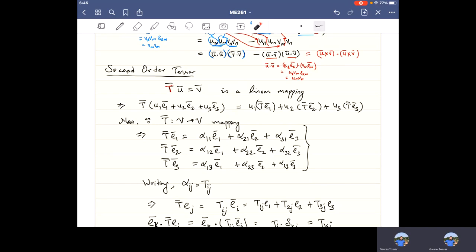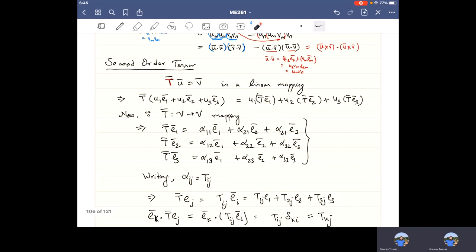The same way T of e3 can also be written. Now, let's say we choose to write these alphas as Tij, some components of T, which we'll see how we get. Let's say we choose to write alpha ij as Tij, then you can write this summation as T11 e1 plus T21 e2 plus so on.